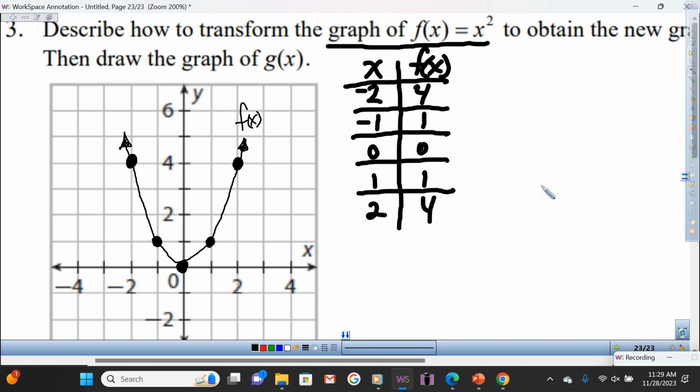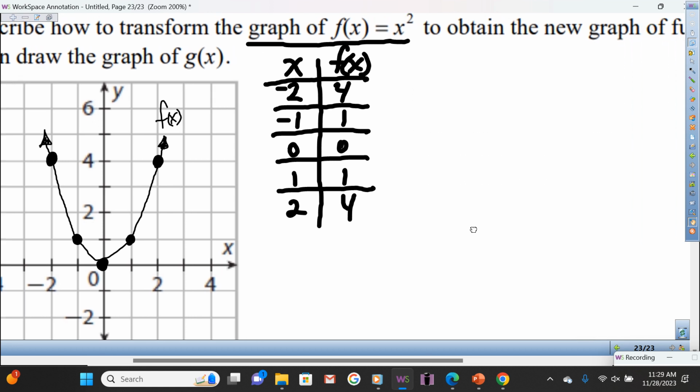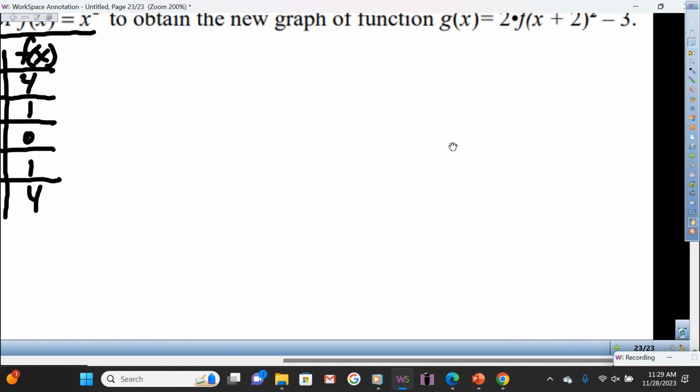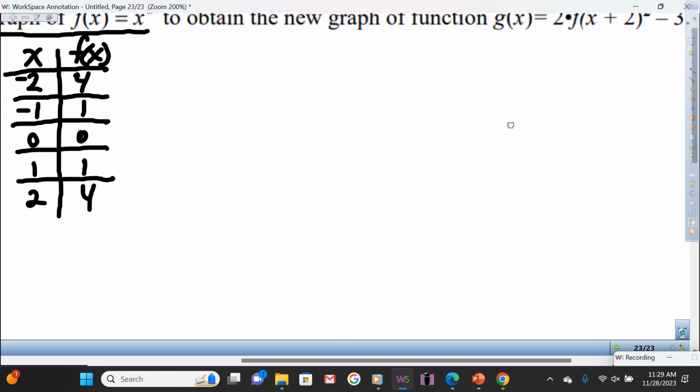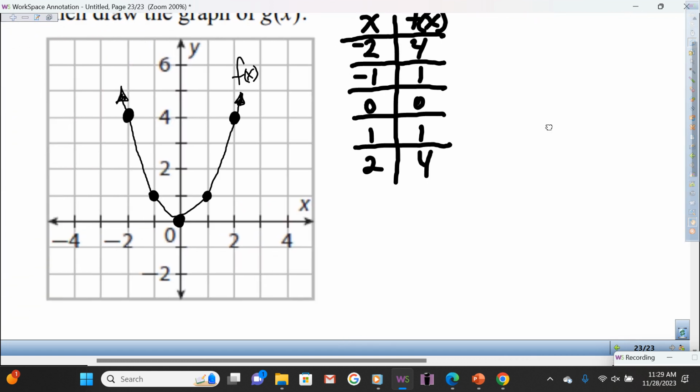All right. However, now that we have that, they give us the new function, g of x equals 2f of x plus 2 squared minus 3. Let me write that over here so I can get the graph in here.